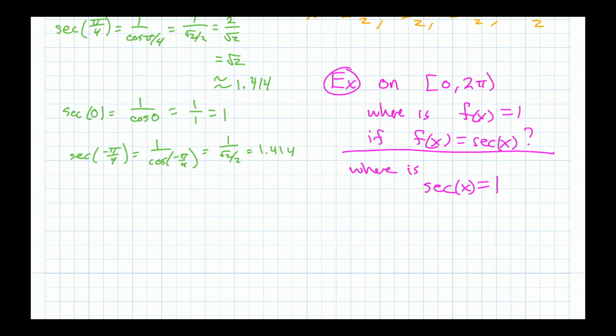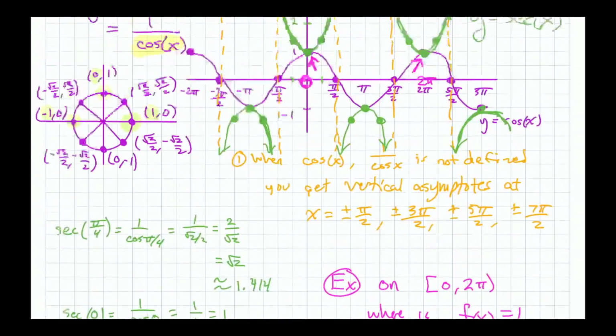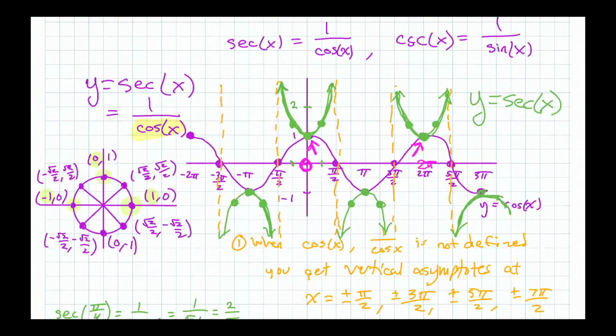The answer is x equals 0, 2 pi, 4 pi, 6 pi, etc., and x equals negative 2 pi, negative 4 pi, negative 6 pi, etc. I could have put pluses and minuses, but I didn't. And that would get you all of the points like this one and this one. They're at even values of pi.